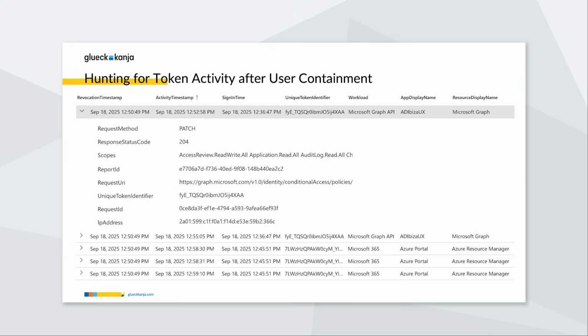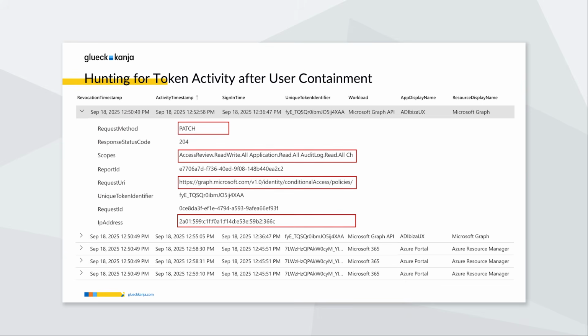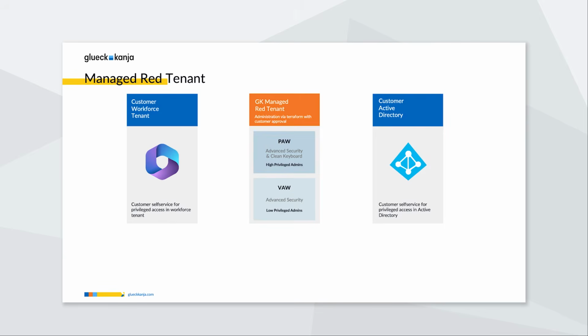Right, and we may hunt for a particular action, because if an attacker figures out that there have already been containment measures, they will switch over to persistence. That could be disabling policies, or adding sensitive permissions to compromised service principals or something like that.